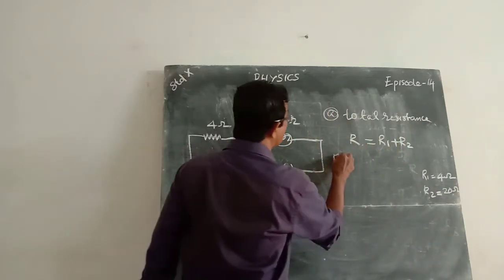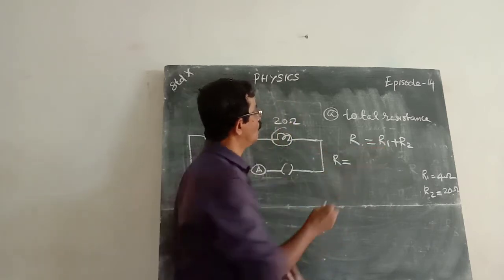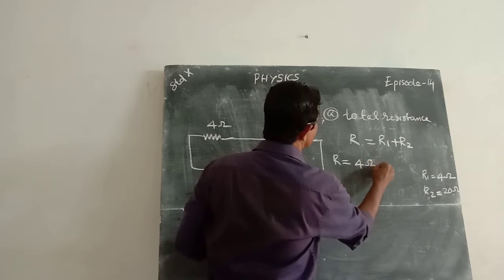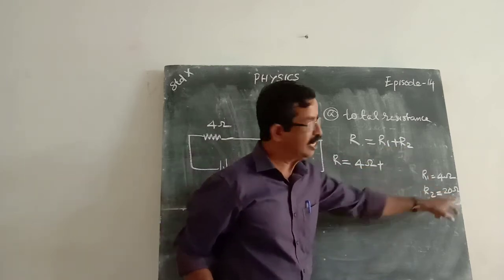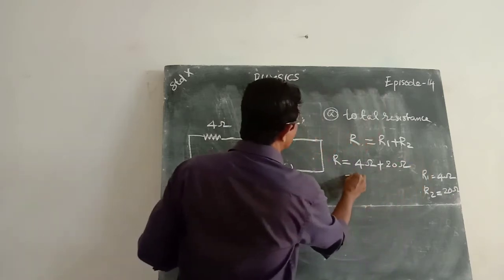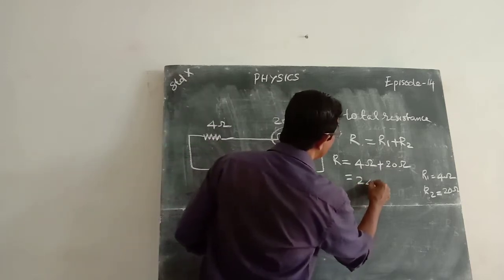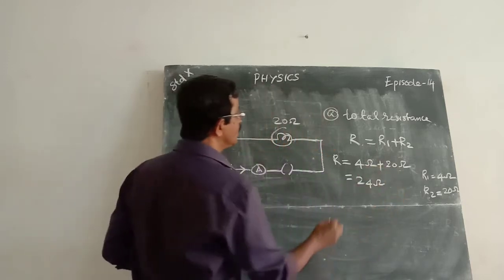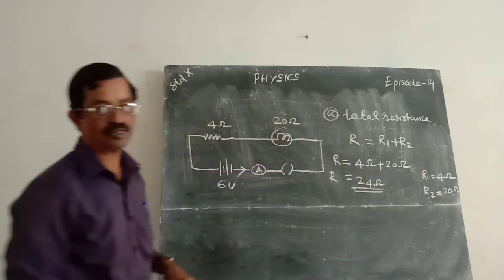Now you know how to calculate total resistance. That is R is equal to, that means R1 is 4 ohm and R2 is 20 ohm. Then 4 plus 20, how much will it be? 24 ohm. This is the total resistance now in the circuit.